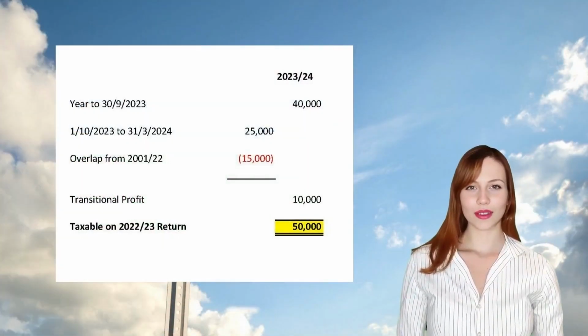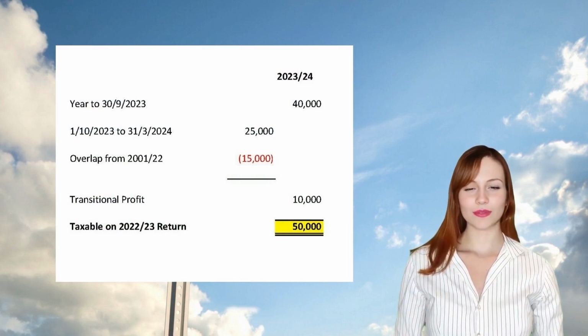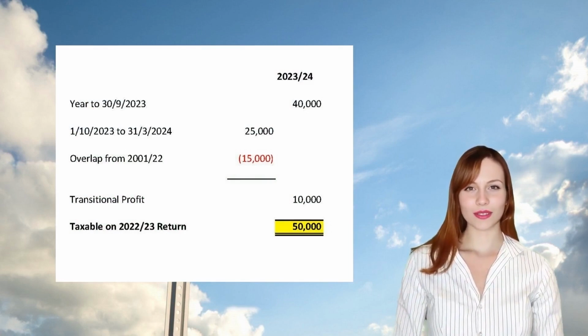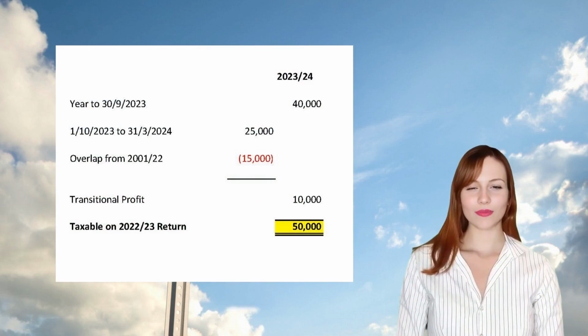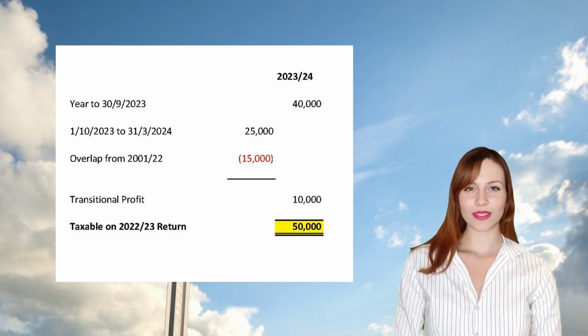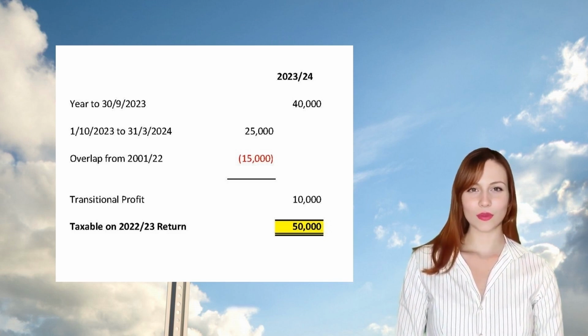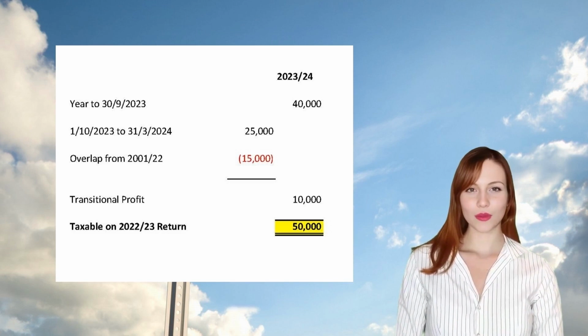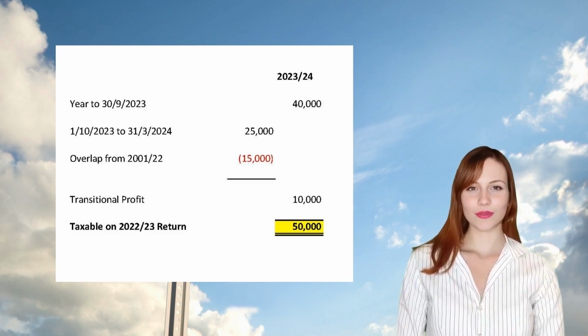We move forward in our example to the 2023-24 tax year. Profits for the year to the 30th of September 2023 are £40,000. We also prepare accounts for the period from the 1st of October 23 to the 31st of March 24, and profits are £25,000.